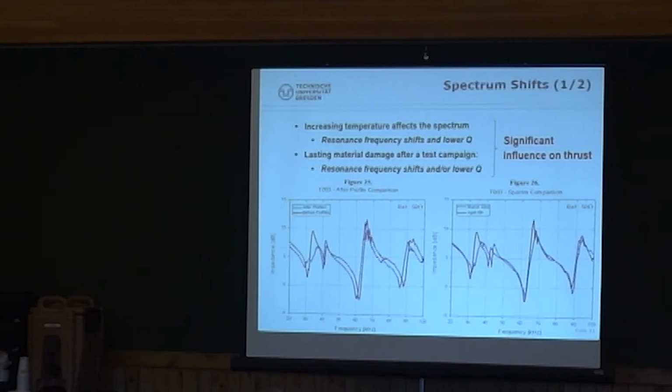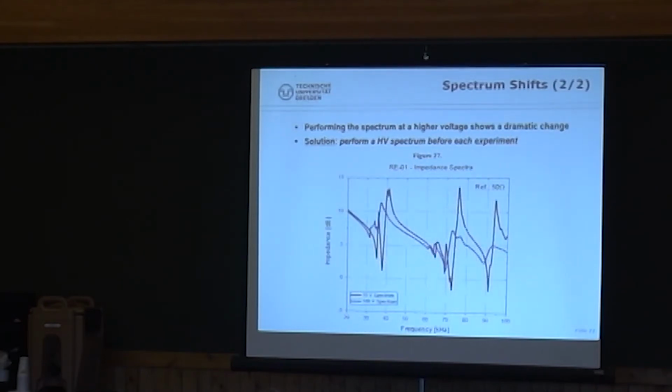These are graphs that show that an increase in temperature and lasting material damage also change the spectrum of the thrusters. But because we're short on time, I'm going to show this one first. This is an impedance spectrum of our thruster, and I'm going to show how different it is from Professor Woodward's.